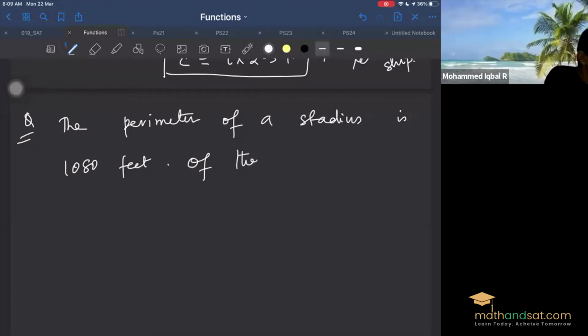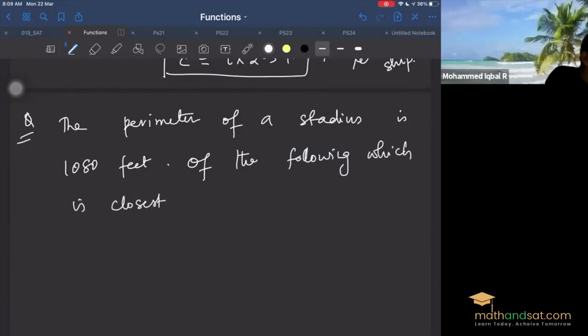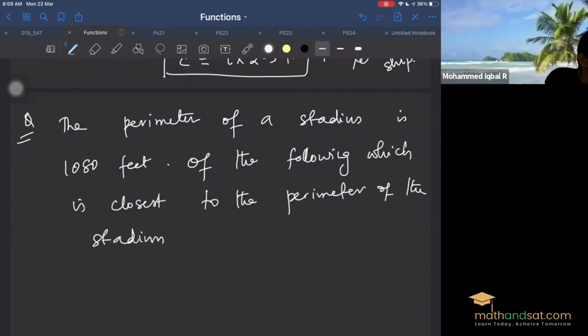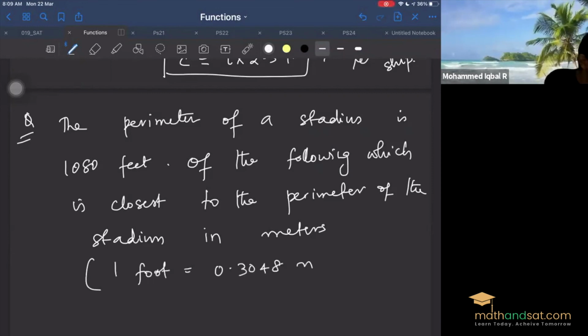Of the following, which is closest to the perimeter of the stadium in meters? In brackets, it is given that 1 foot is equal to 0.3048 meters.